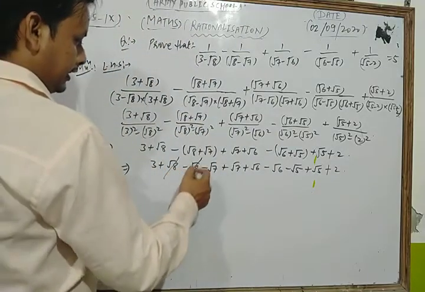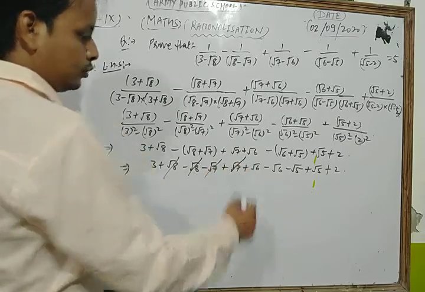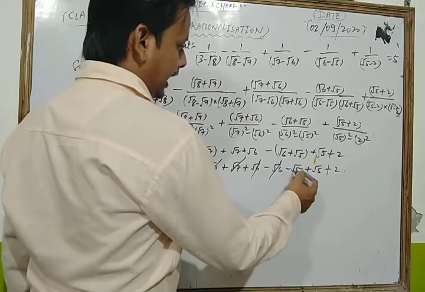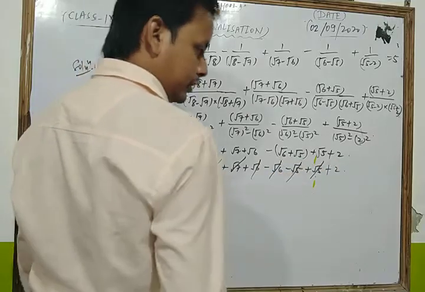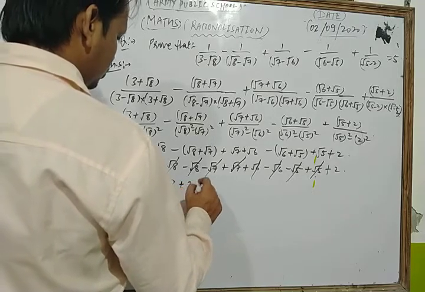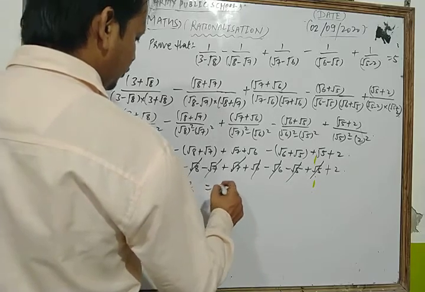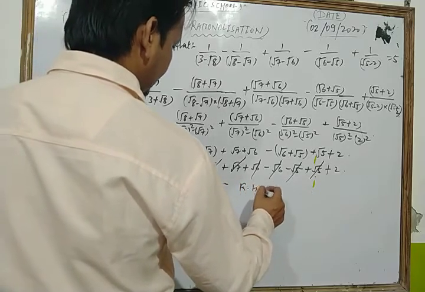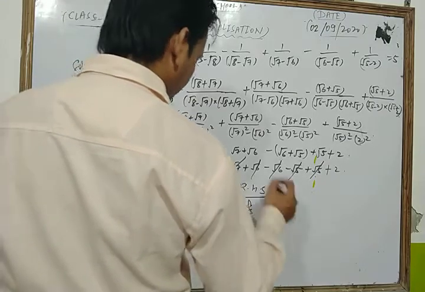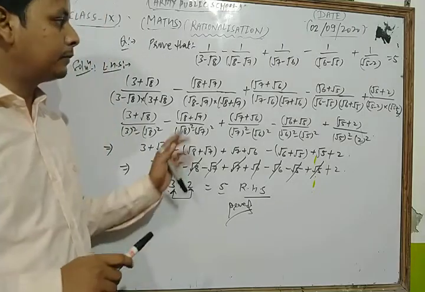Look, plus root 8 and minus root 8 cancel each other, same as minus root 7 plus root 7, plus root 6 minus root 6, and minus root 5 plus root 5 also cancel each other. So we only have 3 and 2. We add 3 plus 2, which equals 5, which is our right hand side. Hence proved. So dear students, in this way you can solve this type of question.